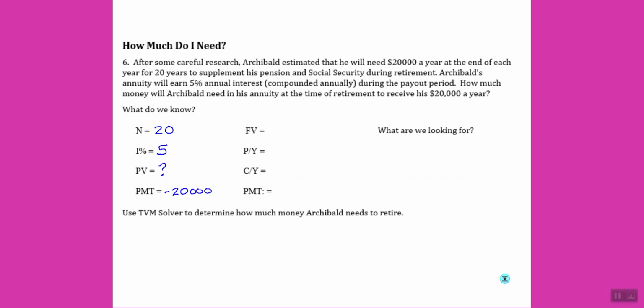At the end of his retirement, he doesn't want any money left in that account because when your retirement's over, you're probably dead, unfortunately, and therefore you don't want money left over. He's going to get one payment a year, and his interest is compounded once a year. And he's going to take the money out at the end of each year. So we are looking for PV, the present value. How much does he need to put in at the beginning?